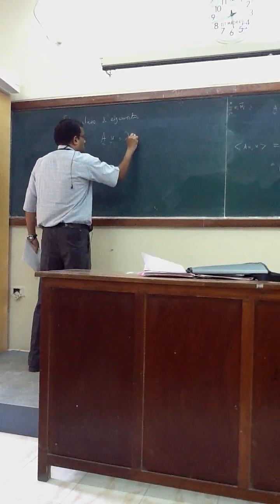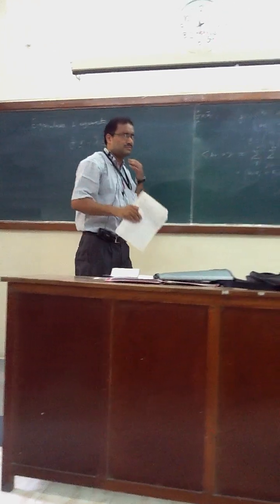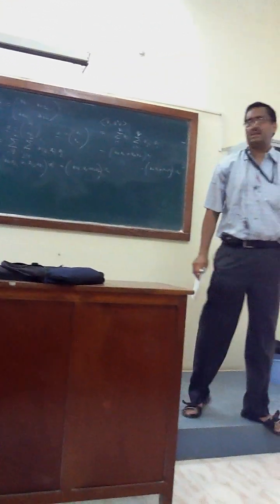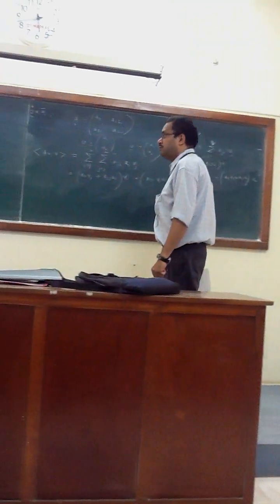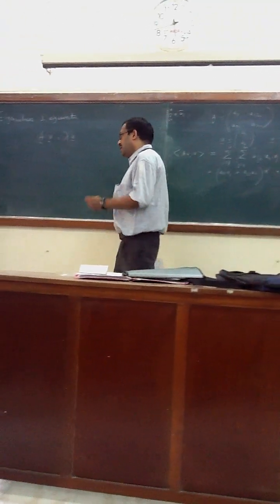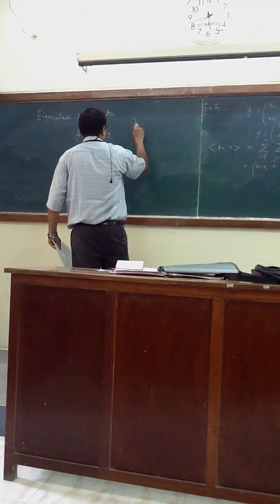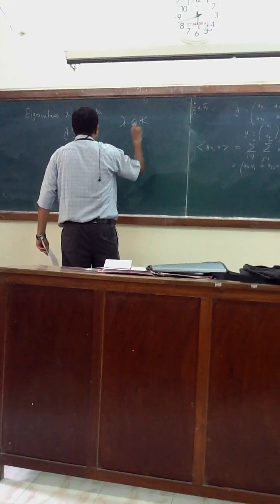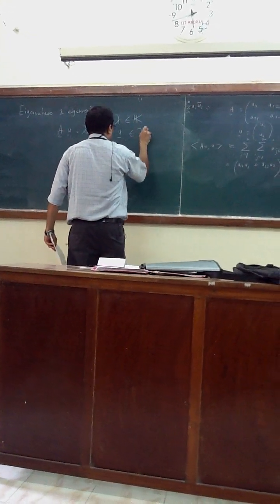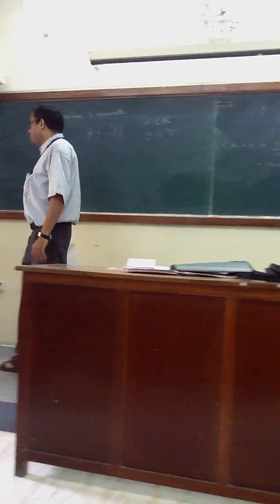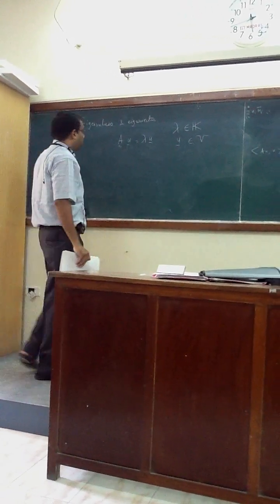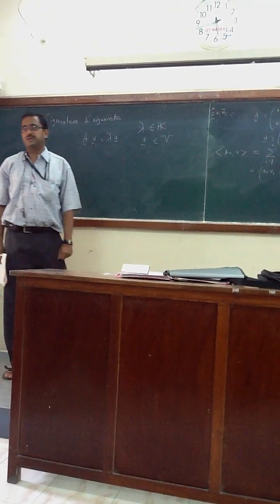Au equals lambda u. A is a matrix, u is a vector such that Au equals lambda u, not for any vector. Lambda belongs to the numeric field. u belongs to the vector space.